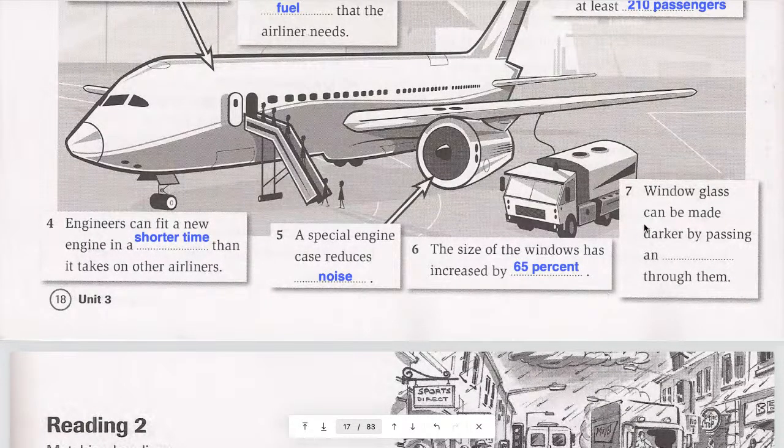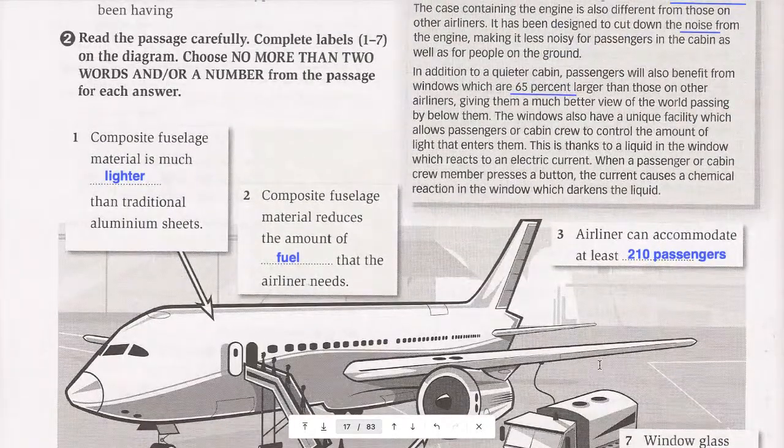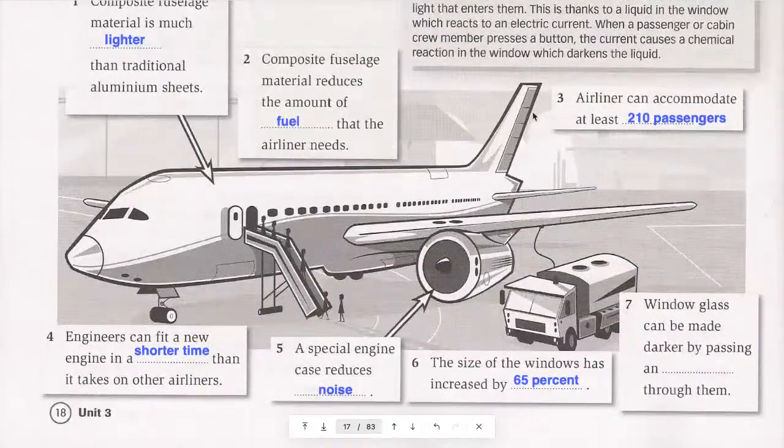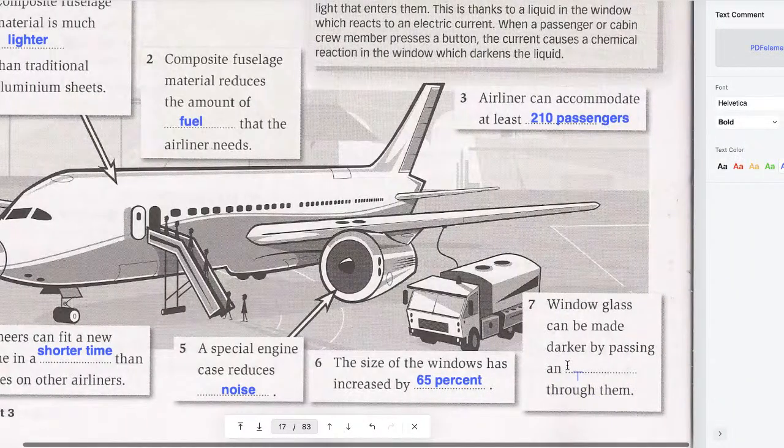Makes sense. Number 7, window glass can be made darker by passing something through them. Darker, window made darker by passing something through them. What is that? Guys, what?